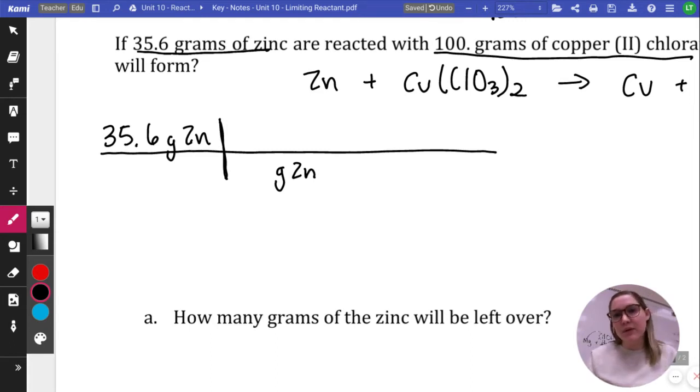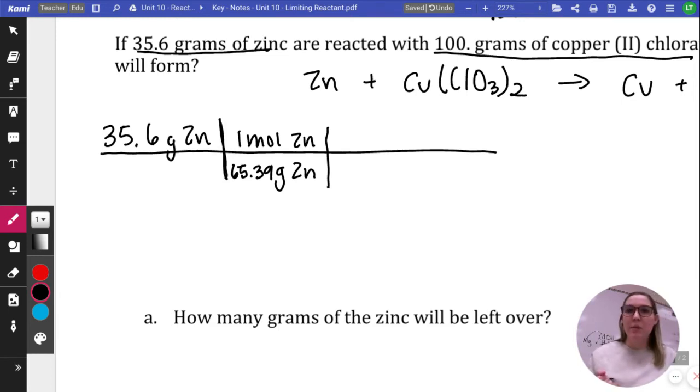And then to get to moles, I'm going to use my molar mass from the periodic table. According to my periodic table, the molar mass of zinc is 65.39 grams, and that's going to be equal to 1 mole of zinc. It's just an element, so we can just get its molar mass straight from the periodic table.